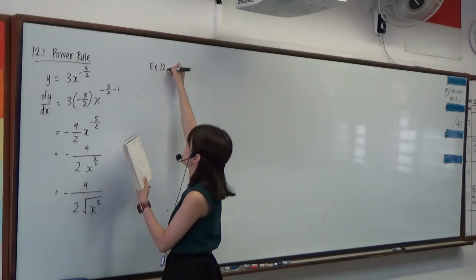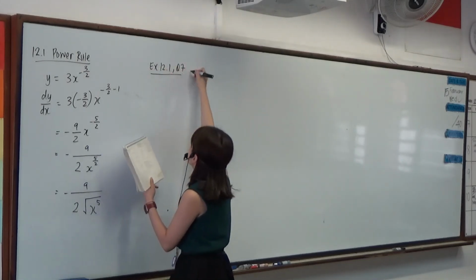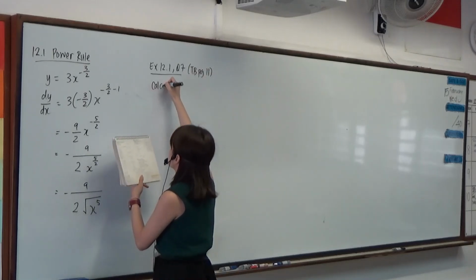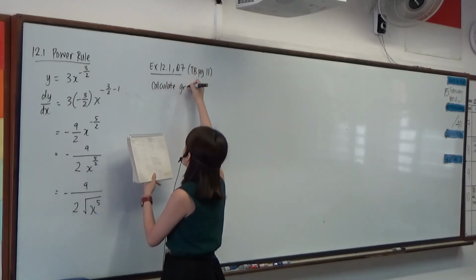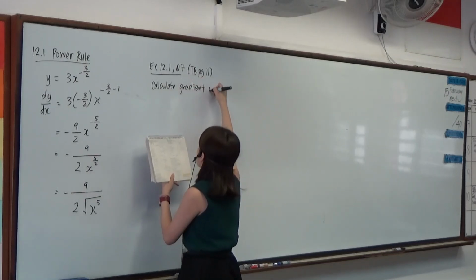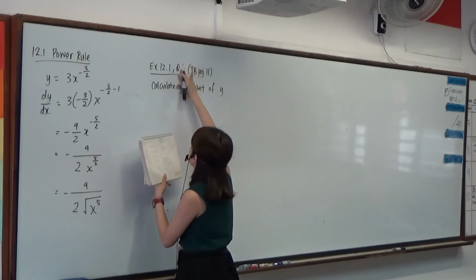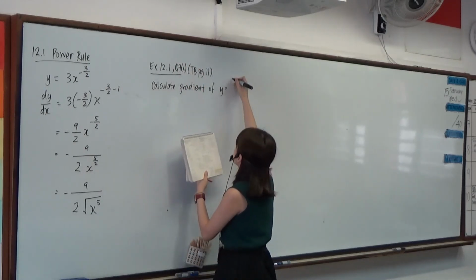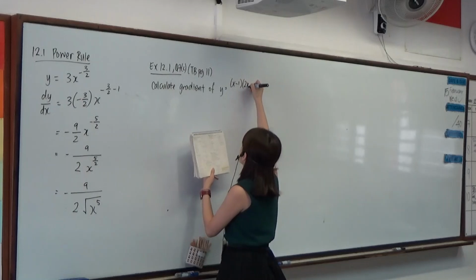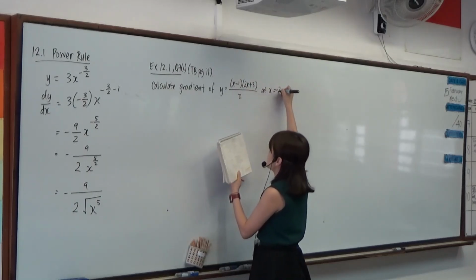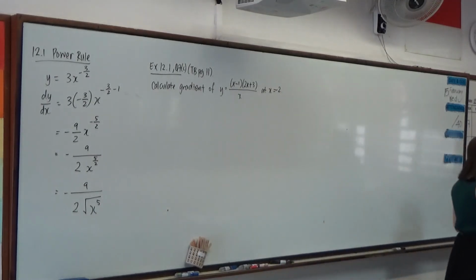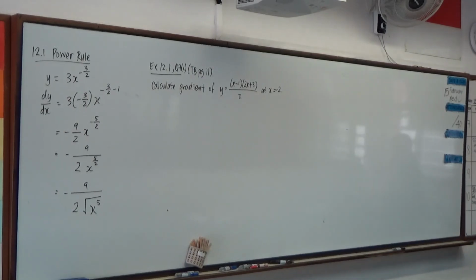I want us to look at exercise 12.1, question 7, the gradient of each curve at the given point.